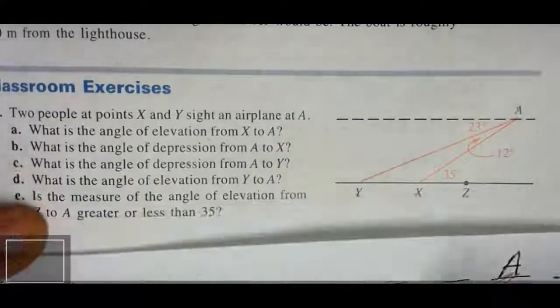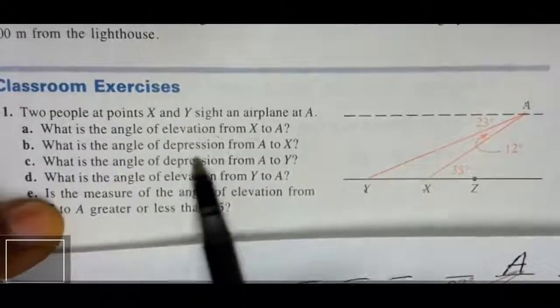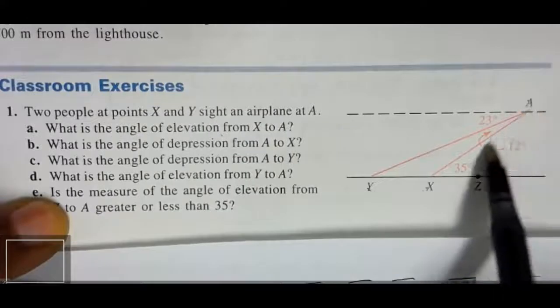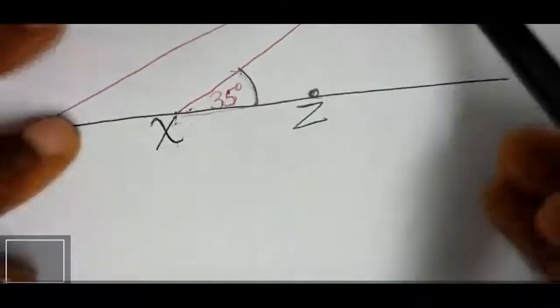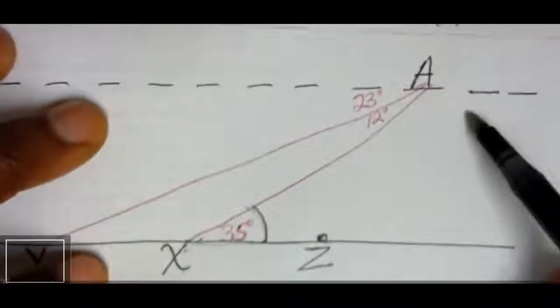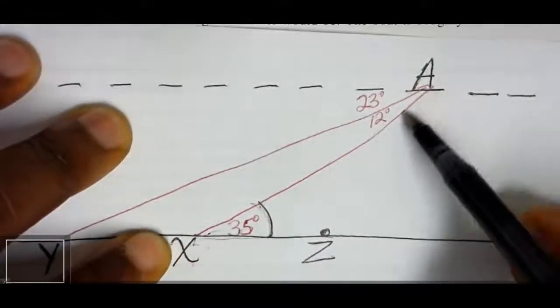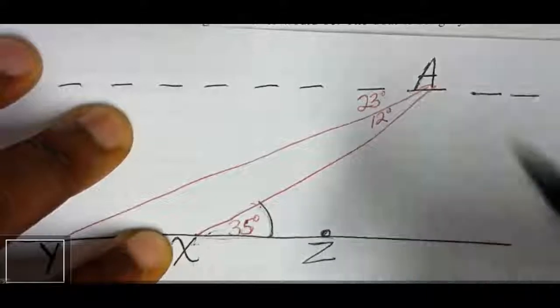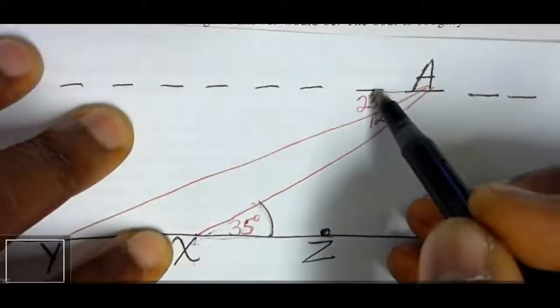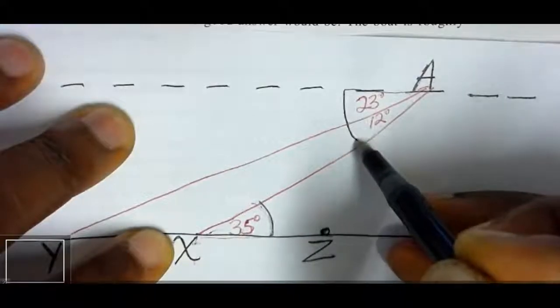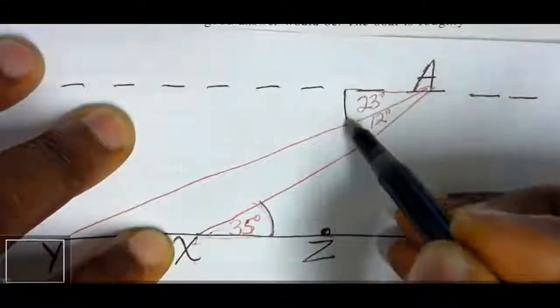And then next, what is the angle of depression from AX? Again, the same line, AX. So from A to X, somebody standing at the plane going down, A to X. So we have to make an angle from that horizontal line until we get line AX.